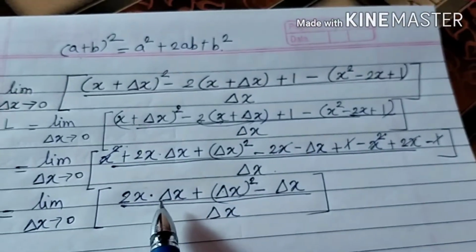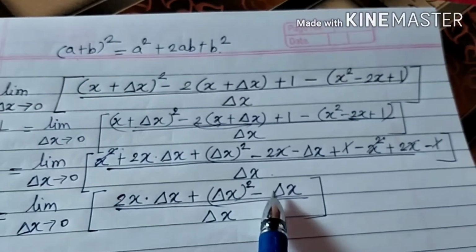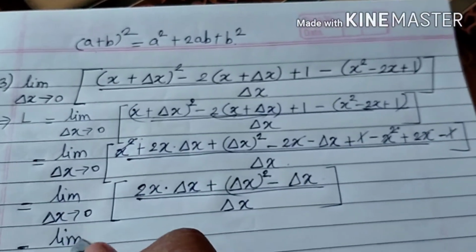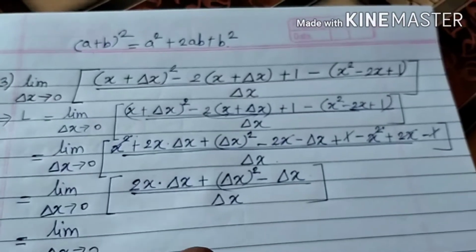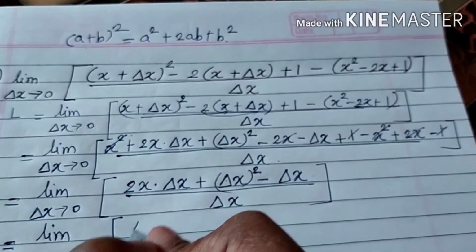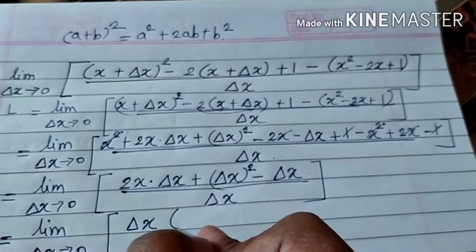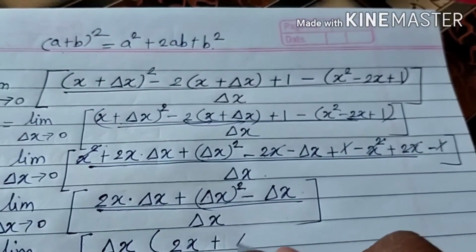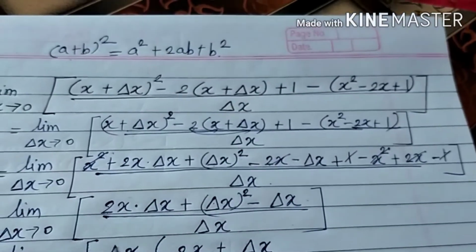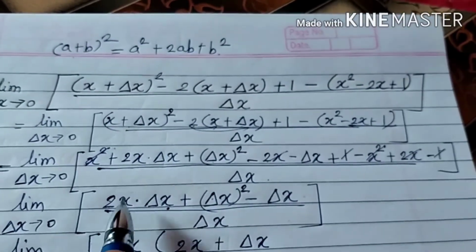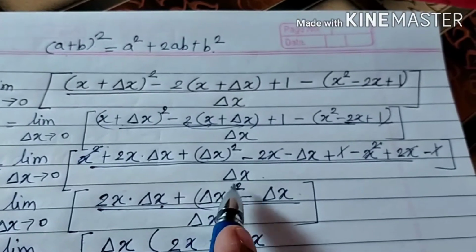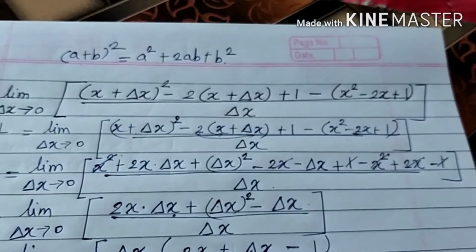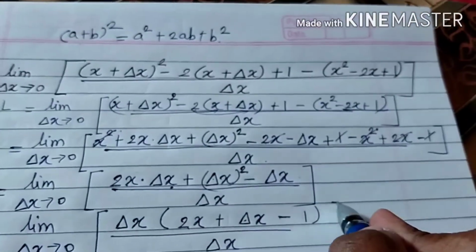Now you can observe that in the numerator delta x is common in these 3 terms. So take it outside. When you take delta x outside, then the remaining terms are 2x plus delta x, because we take delta x common, then remaining term here 2x, here square, so remaining delta x, and here remaining only minus 2.